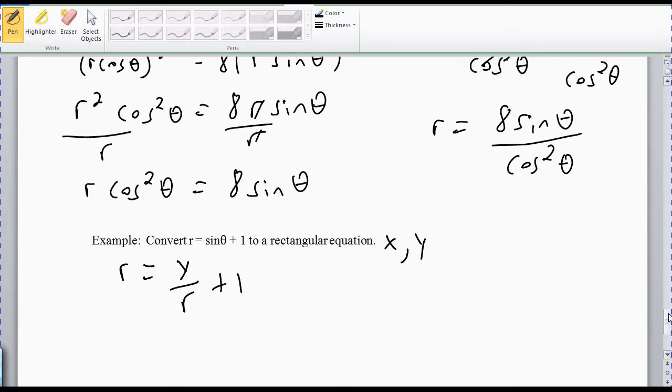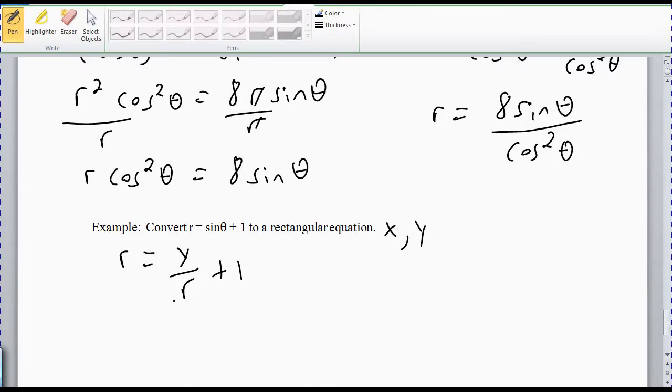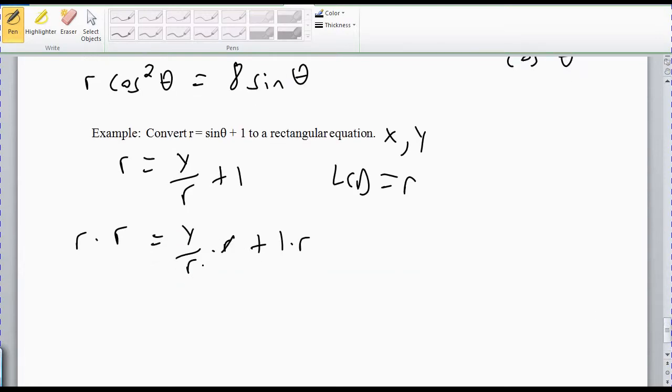And a trick we may have to do, we may need to get rid of fractions. So what I'm going to do is multiply by the LCD, which is r. So I'm going to multiply each one of these by r. The whole purpose of doing that is so these will cancel, and it leaves r squared equals 1 plus r.